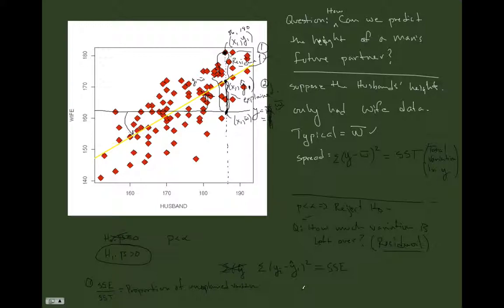So if we take the sum of squares error over SST, the sum of squares total, and subtract that from 1, what we have is the proportion of explained error. And this is R squared. This is what we call R squared.